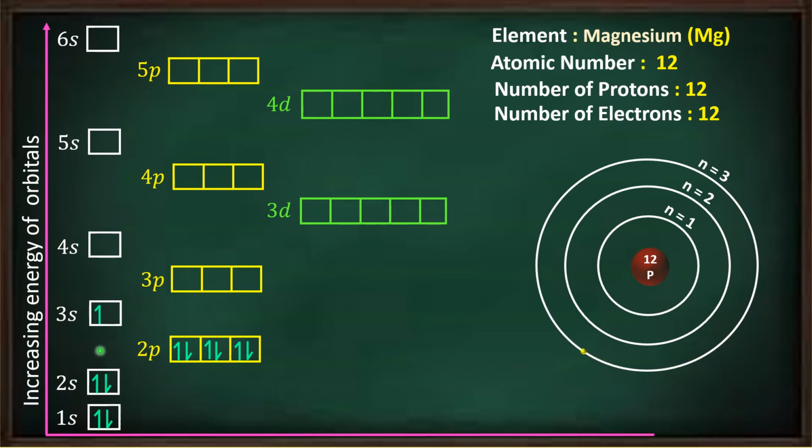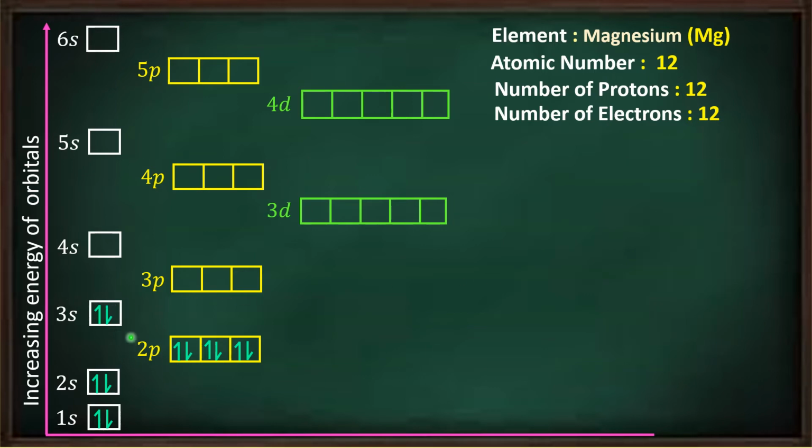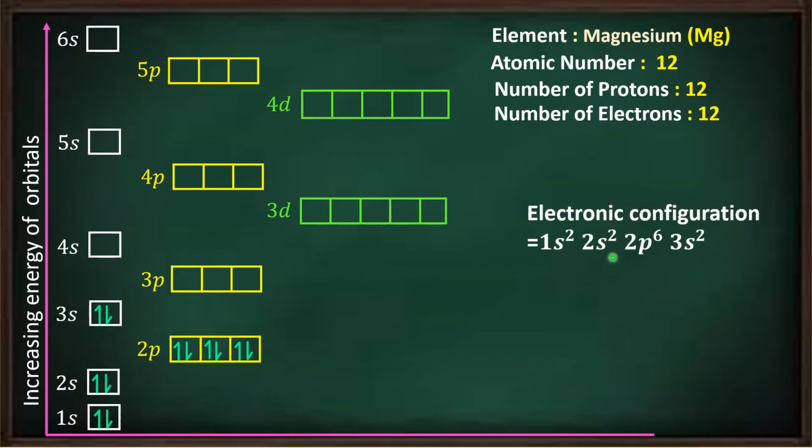The 11th electron enters into 3s and the 12th electron pairs up with this electron in 3s. So we have 1s2, 2s2, 2p6 and 3s2 electronic configuration. So this is the electronic configuration of magnesium.